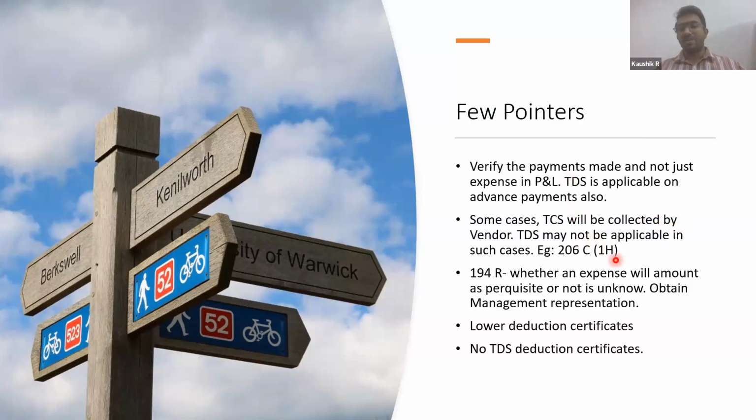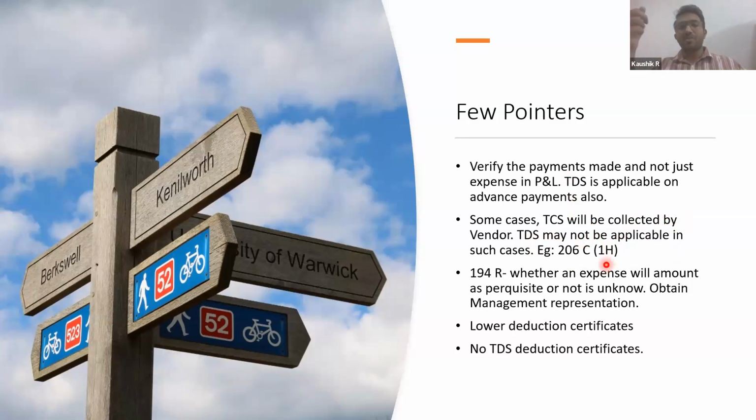In some cases, TCS will be applicable by the vendor. TDS may not be applicable in such cases. See, when I am buying some goods, I may have to do TDS newly because of the newly inserted section. But before that section came into picture, there was something called TCS. Whenever a person is making sales above a certain threshold, they have to do the TCS.